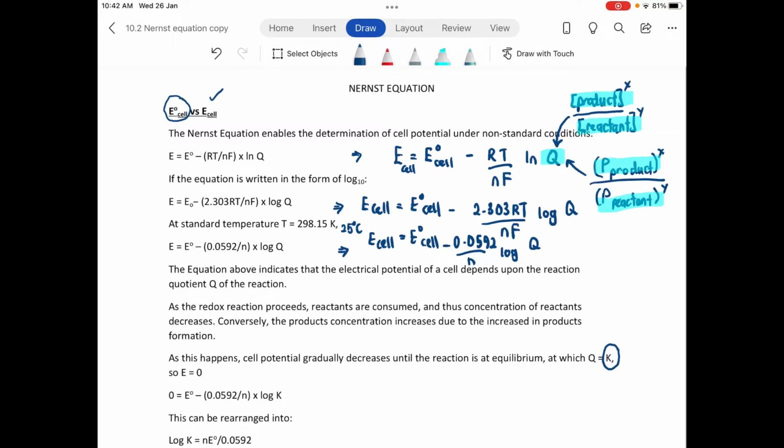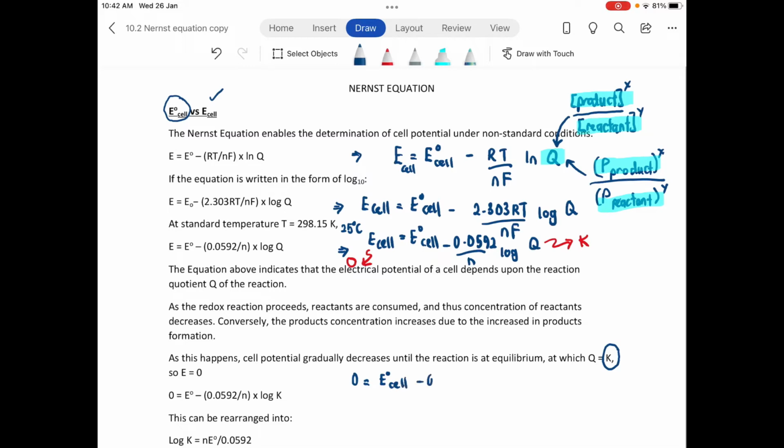Okay, so when this happens, if we substitute this value to our Nernst equation tadi, Nernst equation yang ketiga ni tadi, kita masukkan E cell is 0, sebab dah tak ada bacaan kan, E cell 0, Q kita ganti dengan K. Okay, so nanti kita akan dapat this equation.